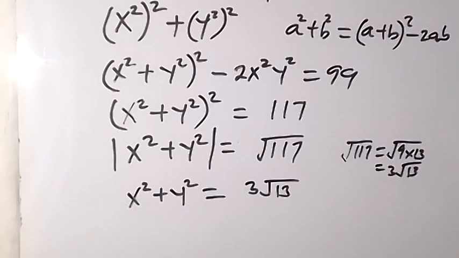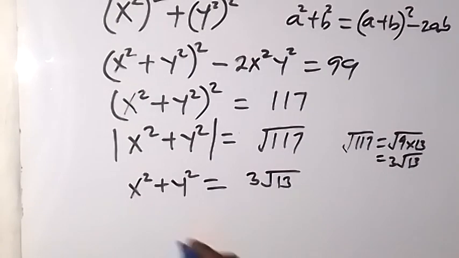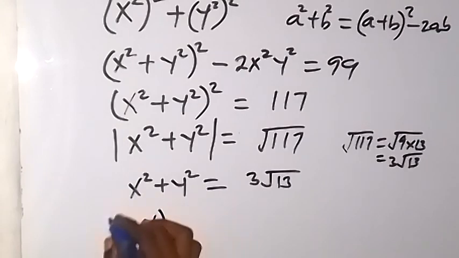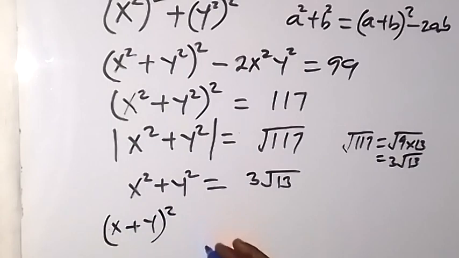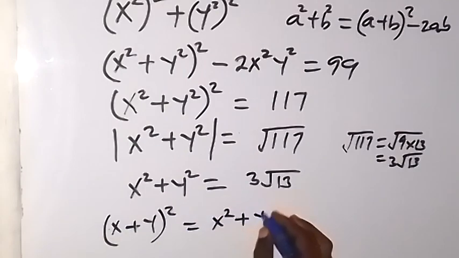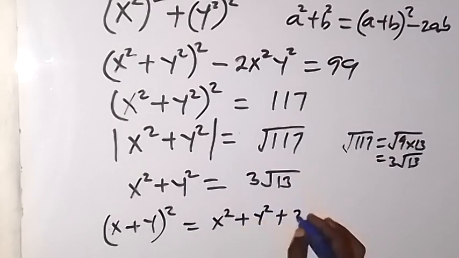And from there, there's also an identity we can use here. That is, when we have (x plus y) all squared, this will be x squared plus y squared, then plus 2xy.